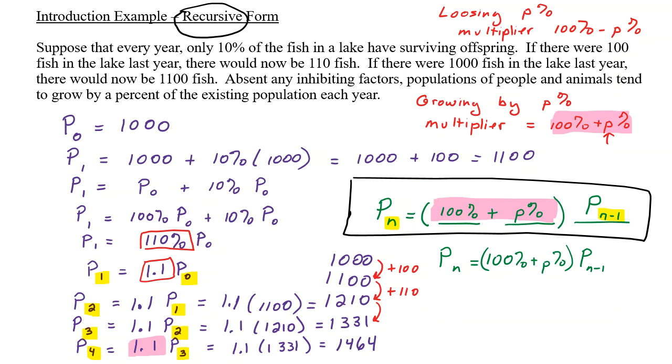So this is not linear. If it was linear, these red numbers would be the same. This went up by 133 fish. So it's not linear growth because it's not increasing by the same amount, but it is increasing by the same percent. It's going up by 10% of the current population each subsequent year. And that's the key difference between linear and exponential growth.